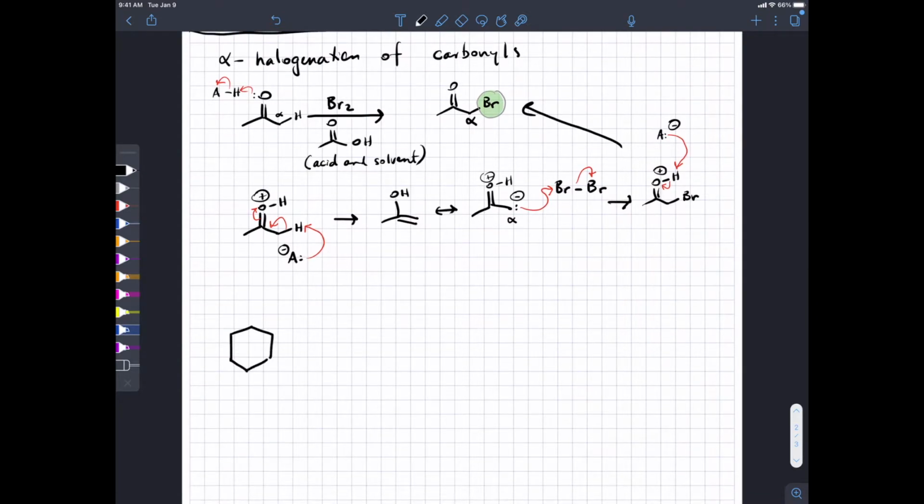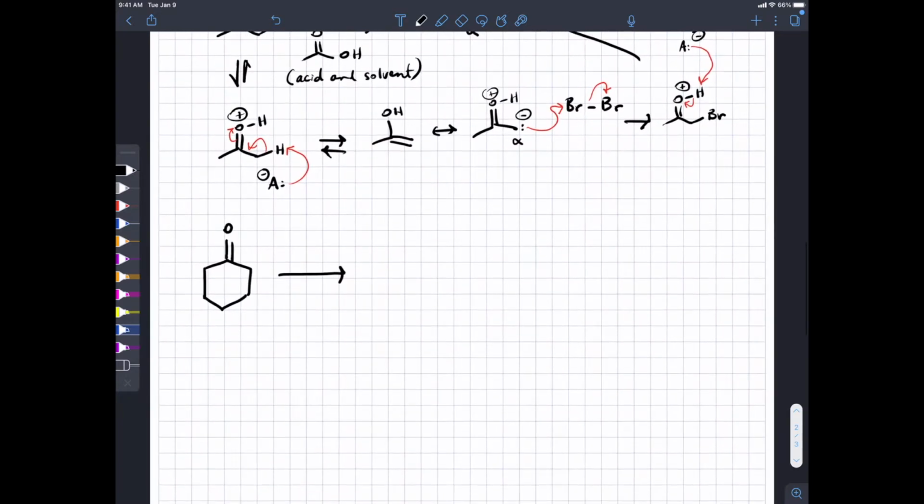Here is a ketone. I think somebody asked during the first hour, what about less substituted versus more substituted enols? I really don't think your text gets into that at all, so we won't either. Presumably you would get the more substituted enol because these first few steps are equilibrium steps, but we're not going to belabor that point.